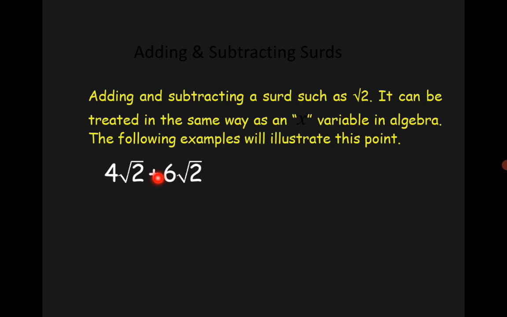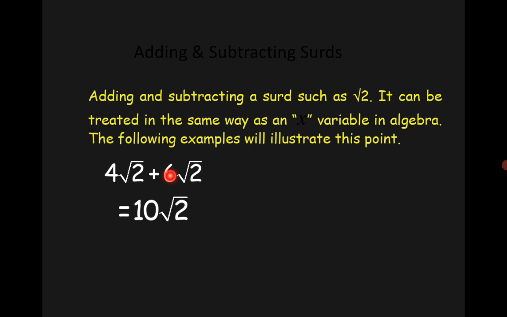So to add surds of this nature, 4 root 2 plus 6 root 2, the result is 10 root 2. In the same way, you'd find 4x plus 6x is 10x. So supposing that x here is root 2, 4 root 2 plus 6 root 2 is just 10 root 2.